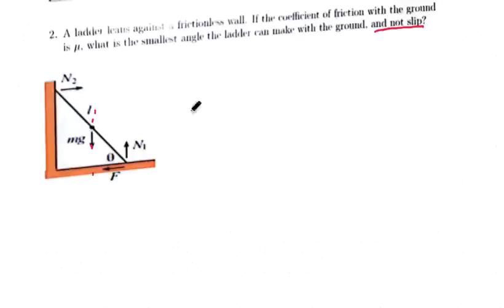The distance from here to here is d1, and the distance of this will be d2. So if I consider the full triangle, here is d2, this is theta, and this is the length L.